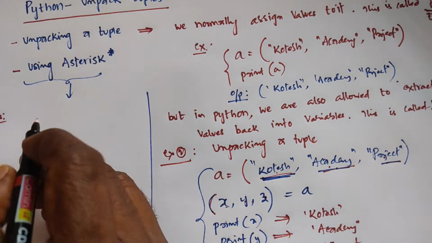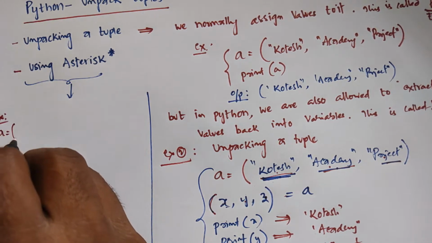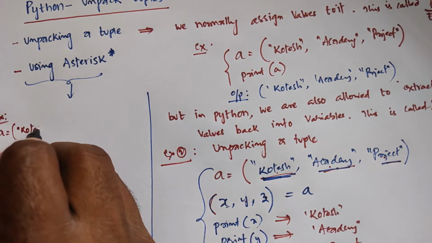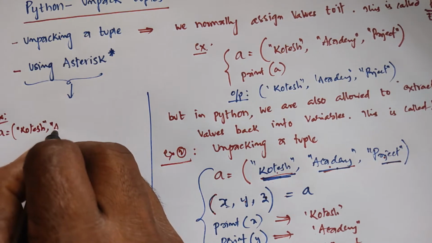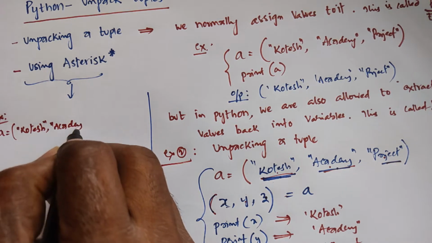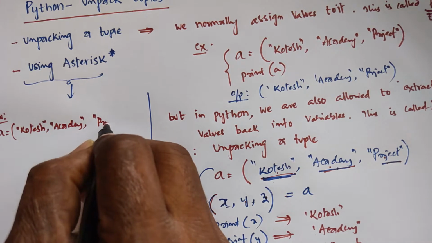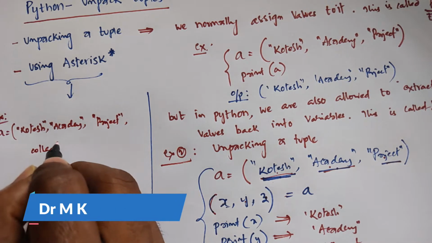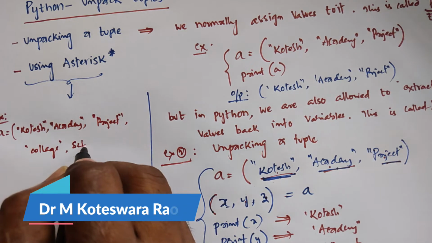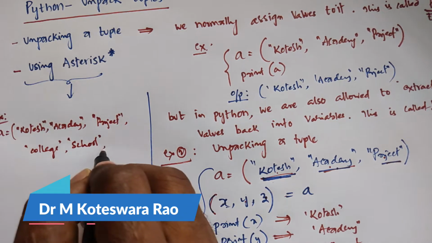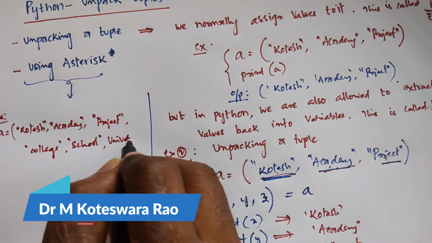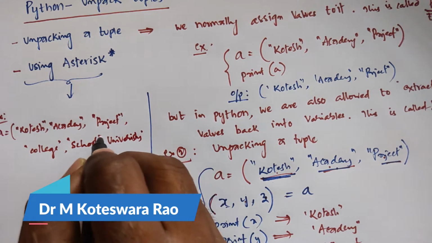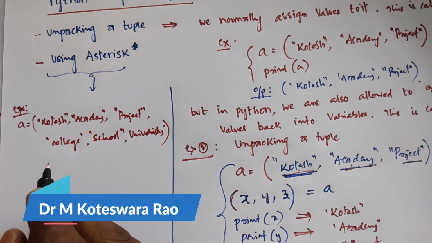At this moment we write A is equal to cottage, academy, project, then college, school, university. There are 6 items in the variable.